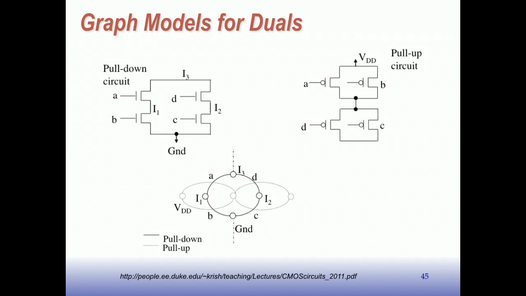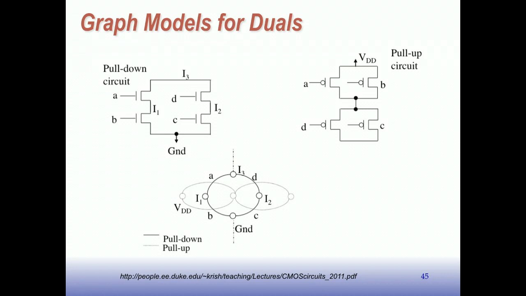If you look at this pull-down network here, you can use a graphical method where, in the solid line, we put a node for each connection. So there's an electrical node here, and one here, and one here, and one here. So we've got those 4 nodes, and these are these circles here. And this one's connecting to the output, and that connects down to ground.